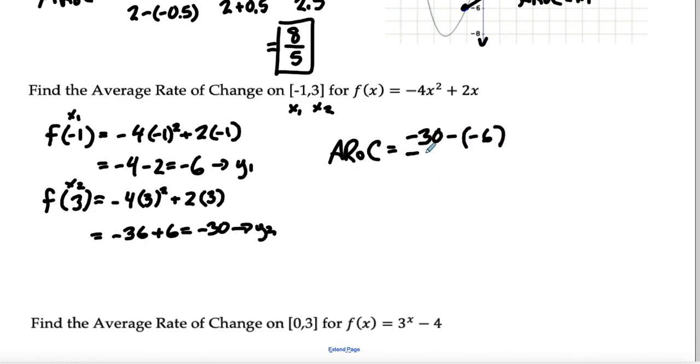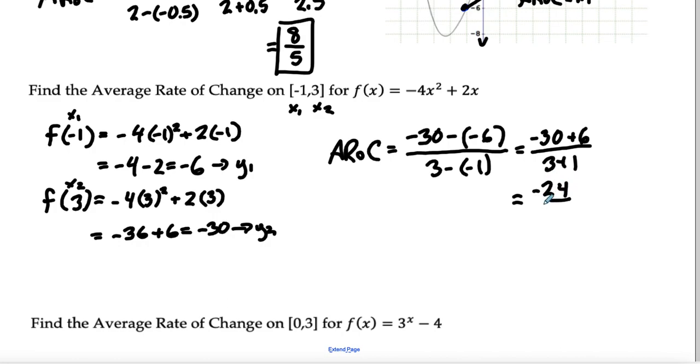On the bottom, x2 is 3 minus a negative 1. Simplifying, negative 30 plus 6 over 3 plus 1 gives us negative 24 over 4, which is just negative 6. So our average rate of change on the interval from negative 1 to 3 is negative 6.